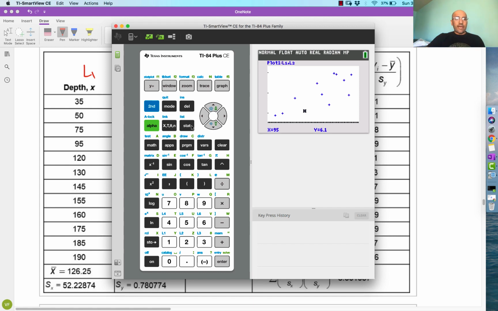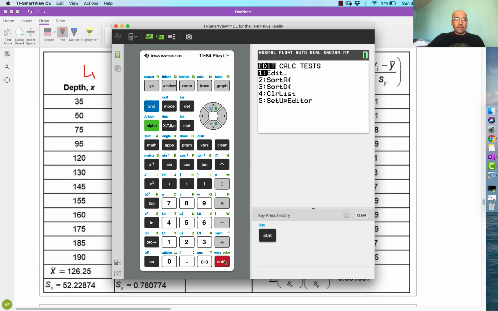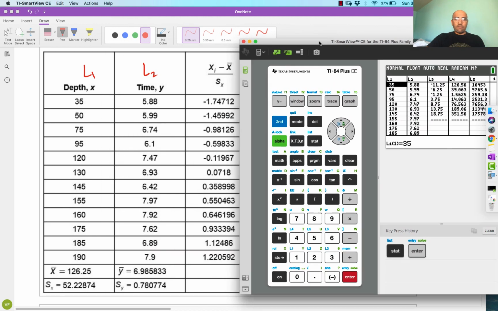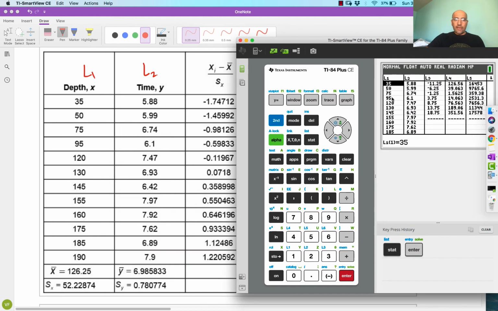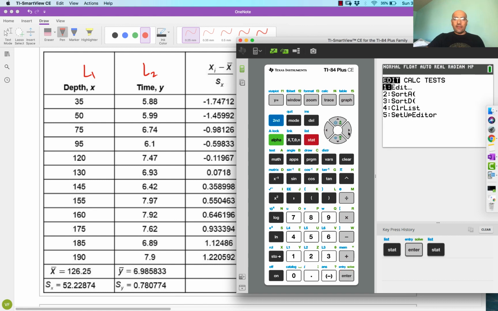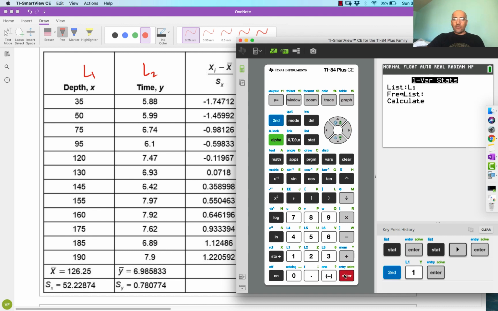Here was my scattergram: stat, edit, enter, confirming that list 1 and list 2 had all those values. Go to stat, calculate, one variable statistic on list 1, enter, make sure the frequency list is blank, calculate.